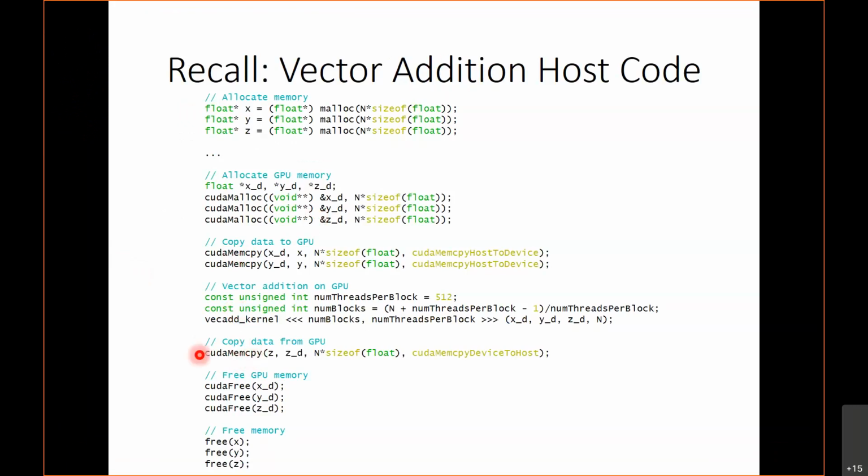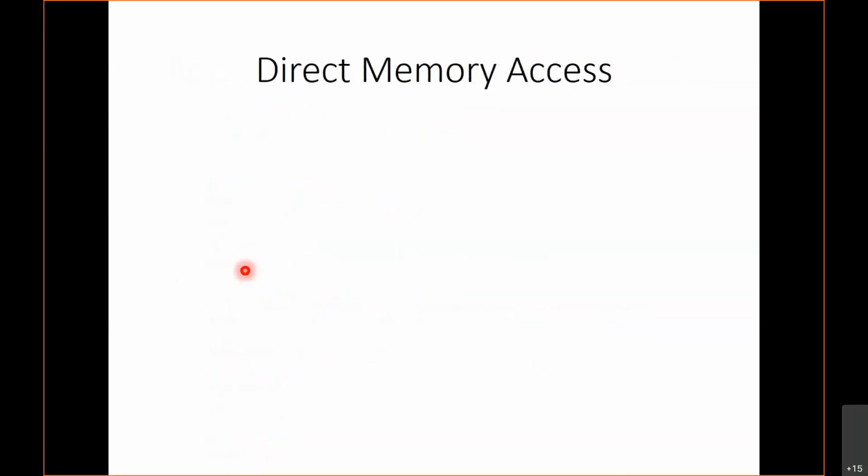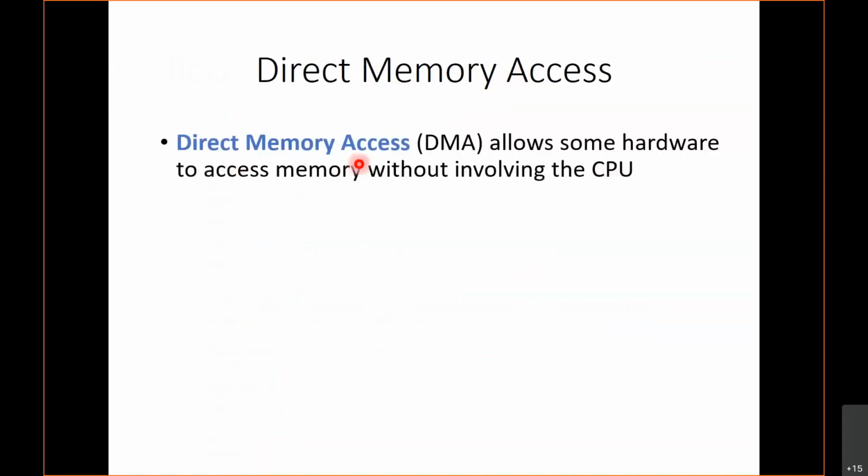To talk about how we can optimize this copying, let's first talk about what happens when we call CUDA copy. What happens is something called direct memory access, or DMA. What is DMA? Direct memory access allows some hardware unit to access memory without involving the CPU.